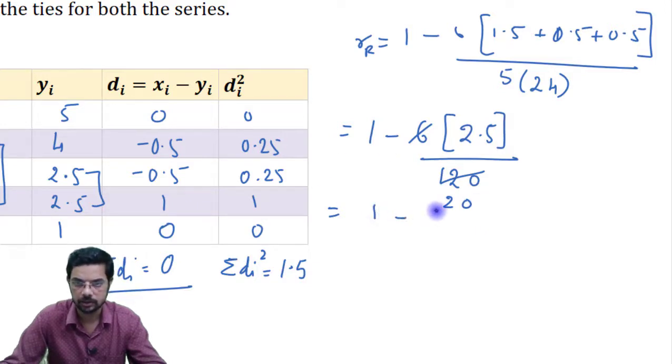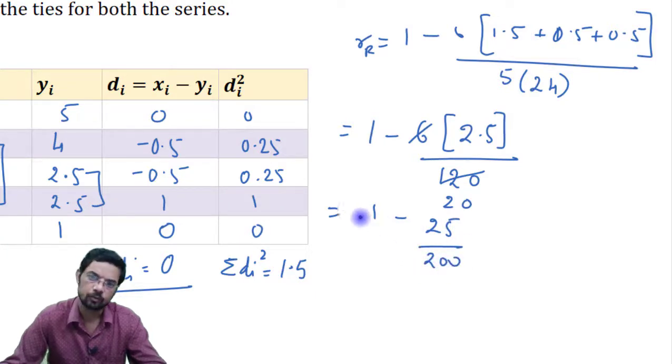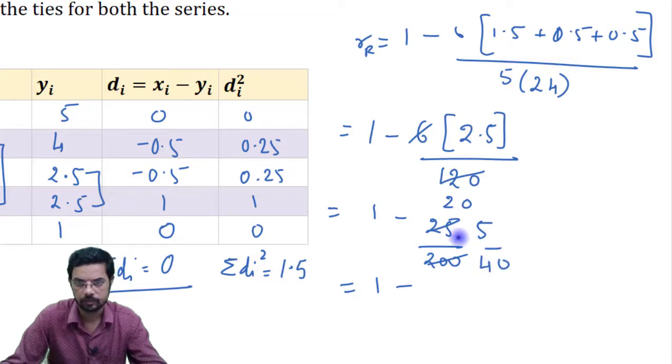So that is 1 minus 25 by 200, or 25 into 8 we can take it as.